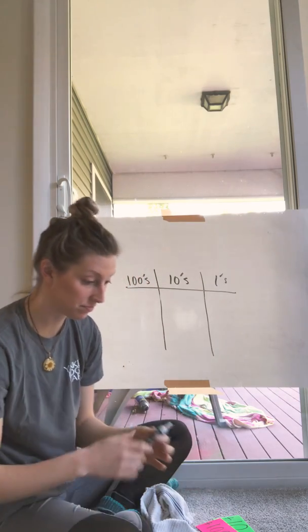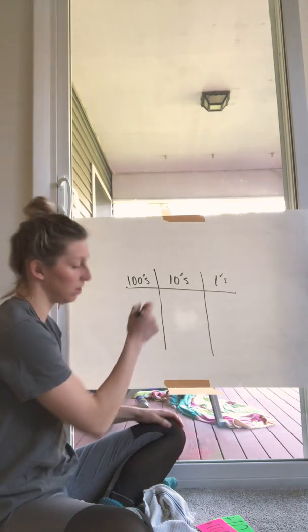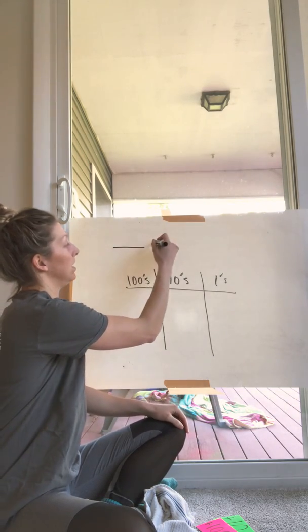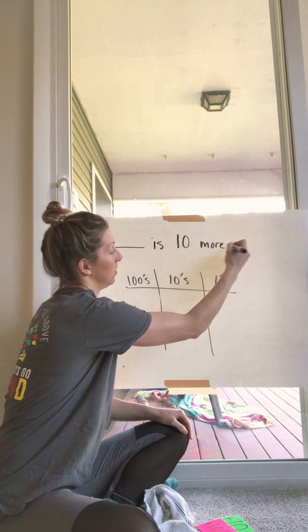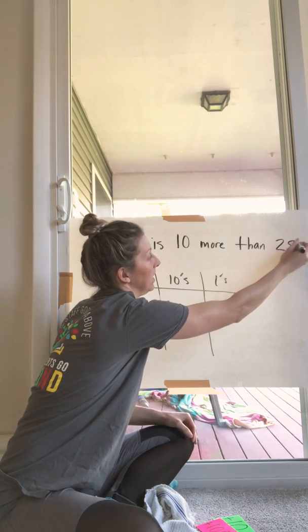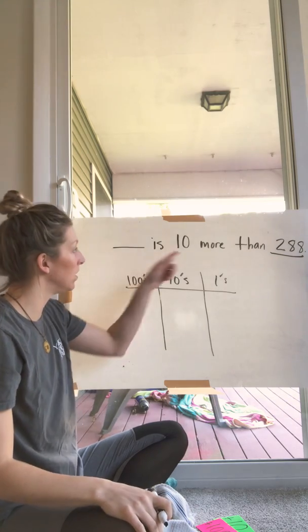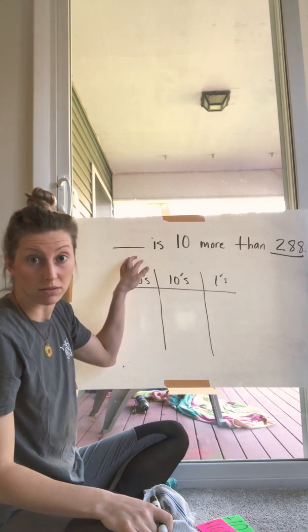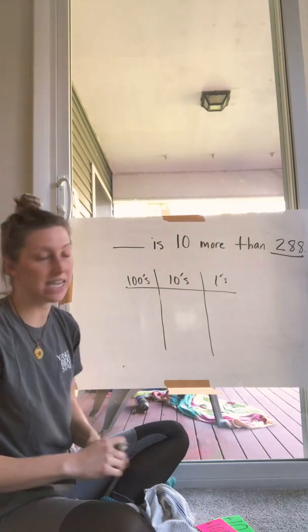Now I'm going to put a little bit more tricky one up here. If we have a blank is 10 more than 288. Something is 10 more than 288.